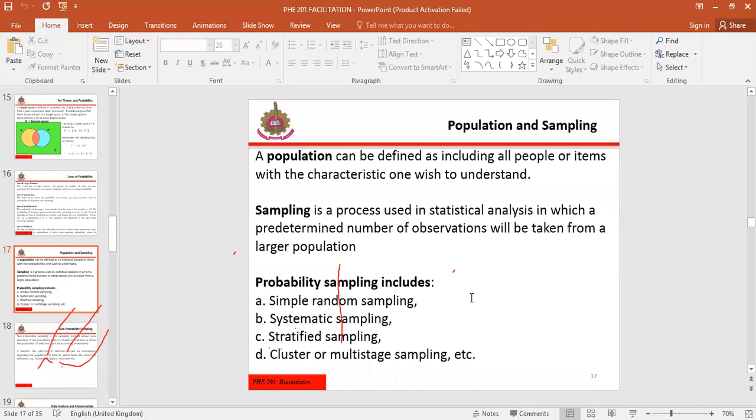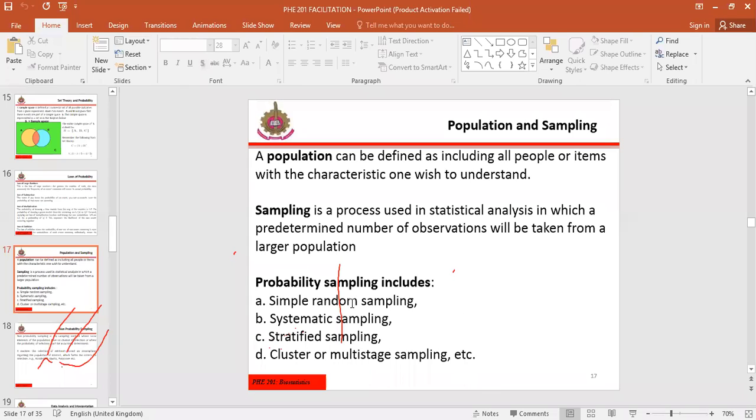Sampling will help you to have the generalized opinion of the population. If I sample your class, I can use the responses obtained from those people that I have selected to generalize the opinion of everyone in your class.